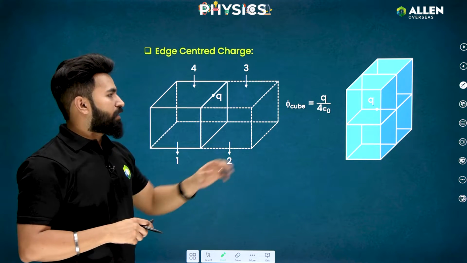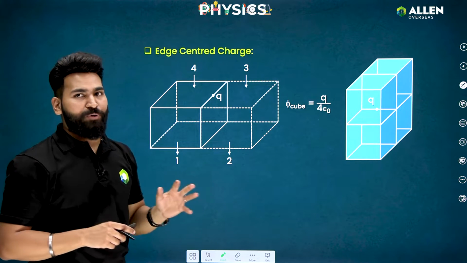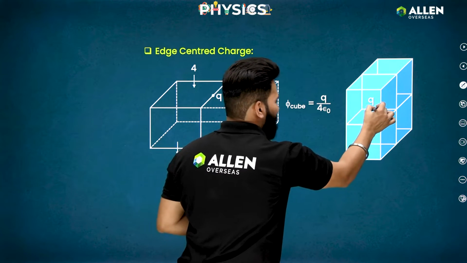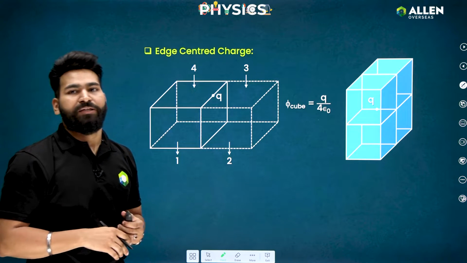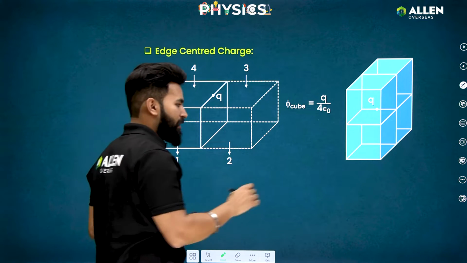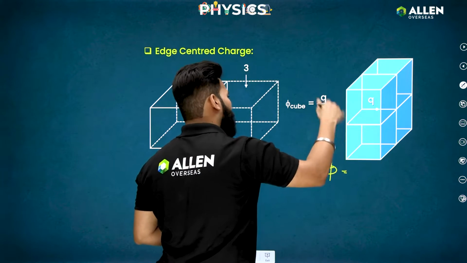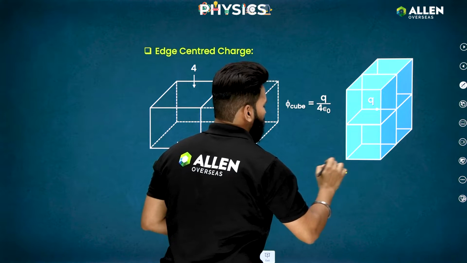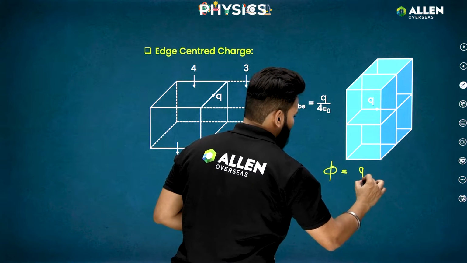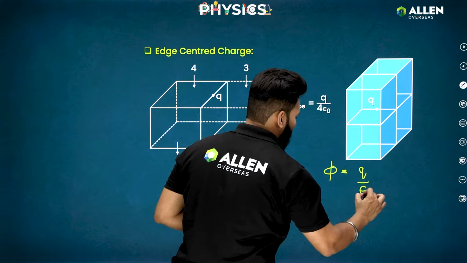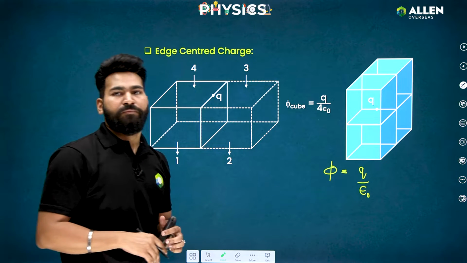Now, for this bigger cube, you can simply see that this charge is exactly at the center. So if you see the total flux from this whole body, the combination of 4 cubes, it will be nothing but the charge enclosed, which is q, divided by epsilon naught, right?